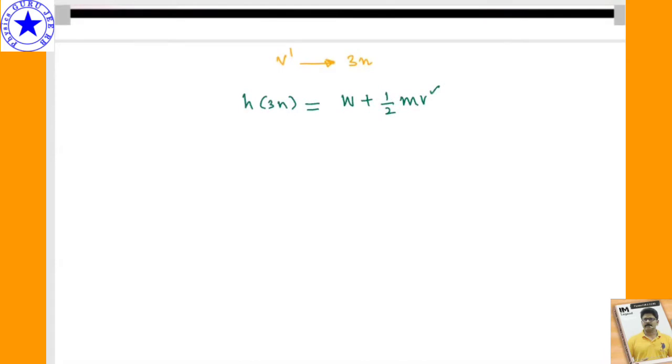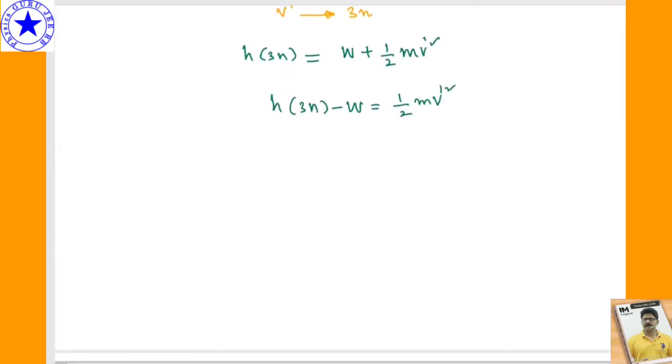So now here v dash square. Similarly, if I calculate h into 3n equals W plus half m v dash square, bring this W to the left side, that is minus W, equals half m v dash square.